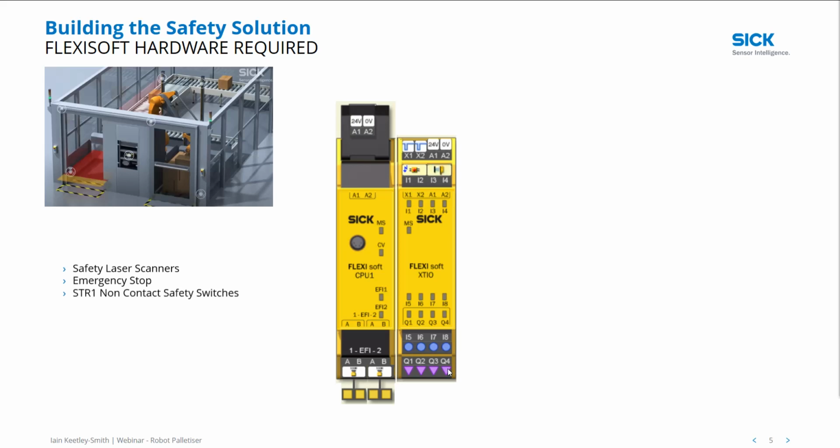The next thing we have is our 2 STR1 non-contact safety switches. That is a safety switch which has 2 safe semiconductor outputs, and they're wired directly into inputs 3 and 4 as shown there, and inputs 5 and 6. The reason for those switches is so we know the position of the door.